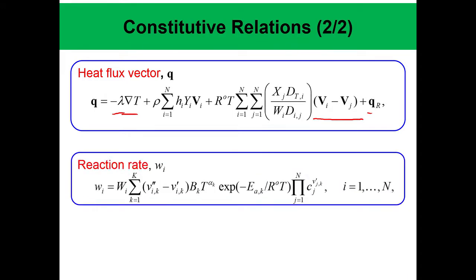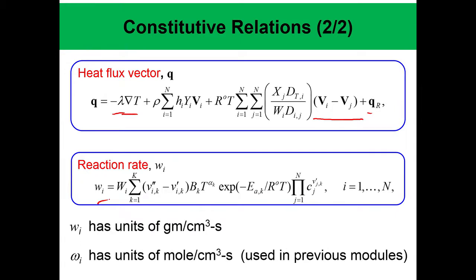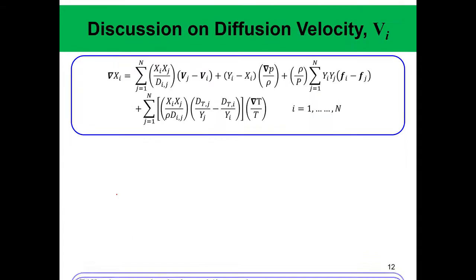Then we have of course discussed the reaction rate in great detail, and this is the reaction rate formula that you see. One important point to note is that this is in units of gram per cubic centimeter, whereas in the kinetics class we obtained the reaction rate in units of mole per cubic centimeter. This is the difference that arises, as we need to take into account the molecular weight of species i.